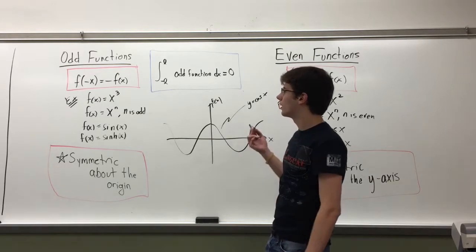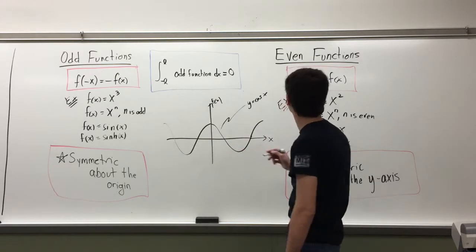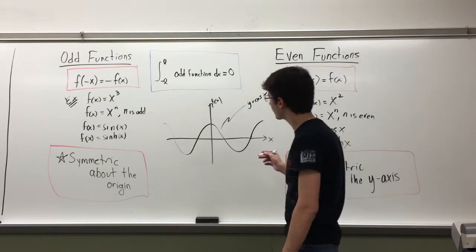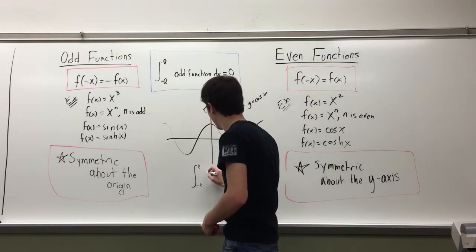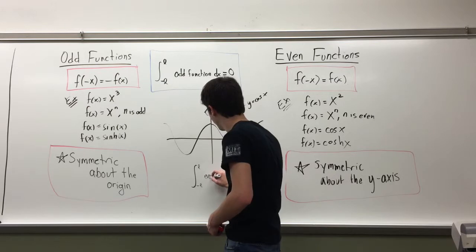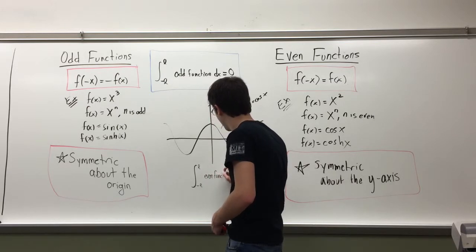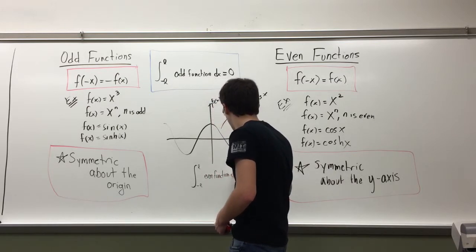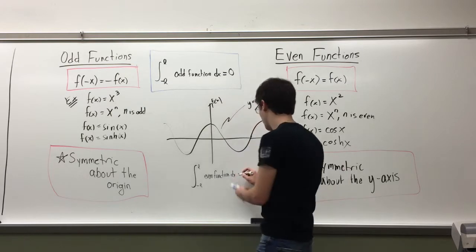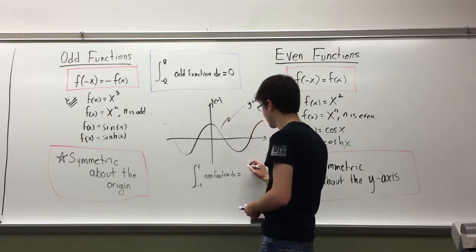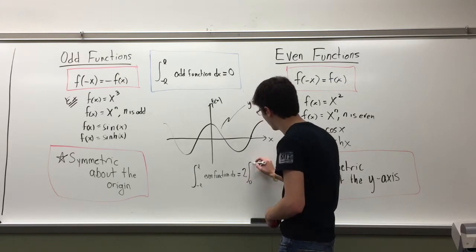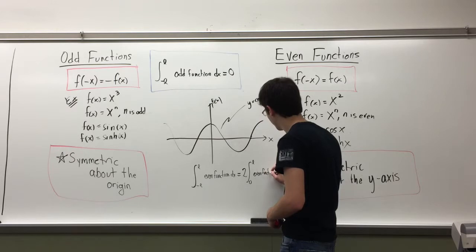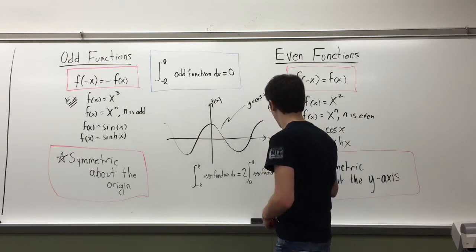And an important relationship about even functions is that the integral from negative L to L, over a symmetric interval, of an even function dx, or whatever your differential is, is equal to twice the integral from 0 to L of that even function with the same differential.